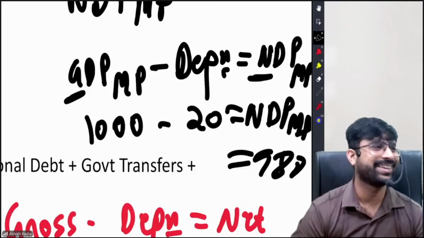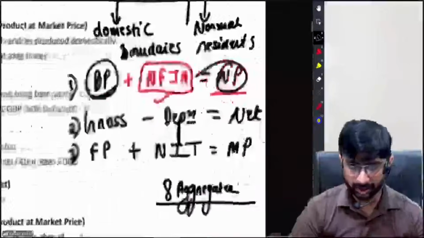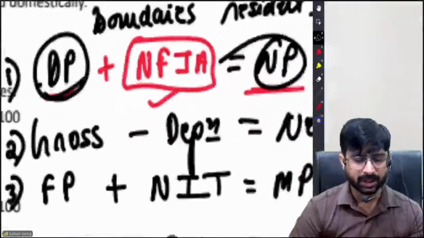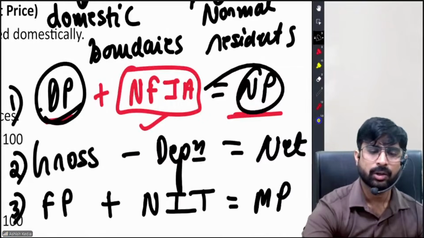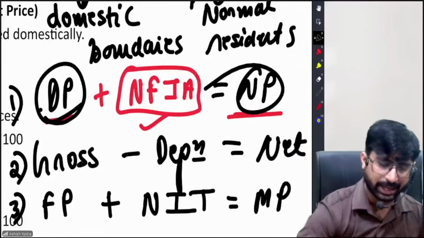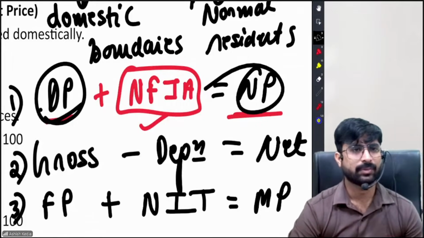Game over. So class, I will reiterate these three formulas, the top three as I call them. DP plus NFIA is NP, gross minus dep is net, and FP plus NIT is MP. Full stop.